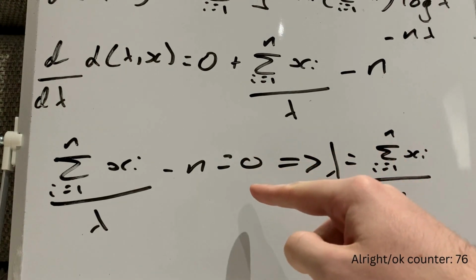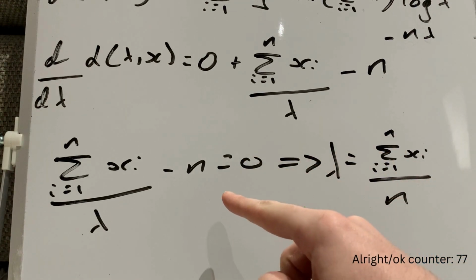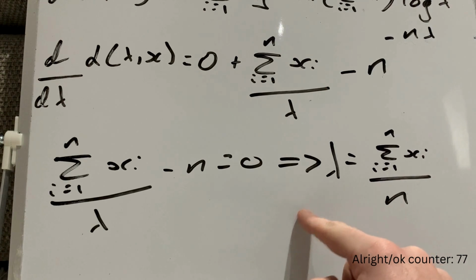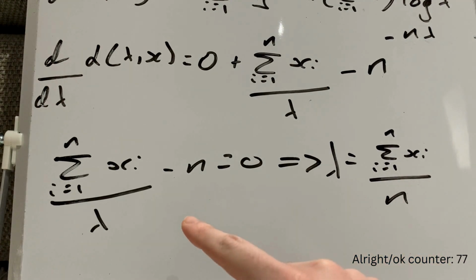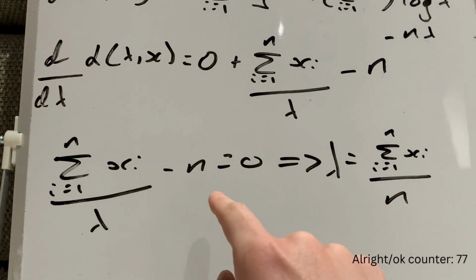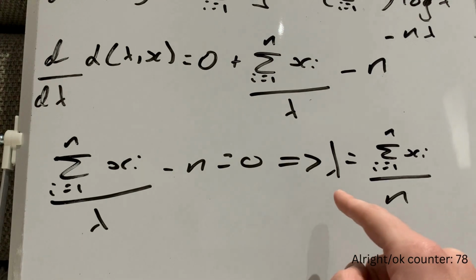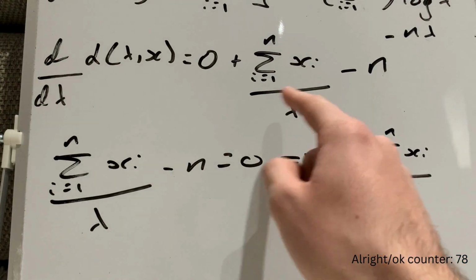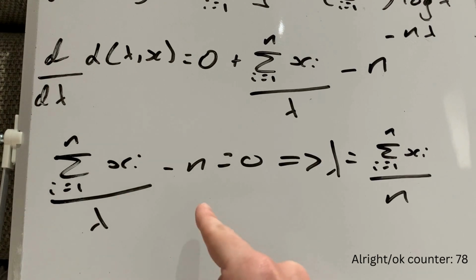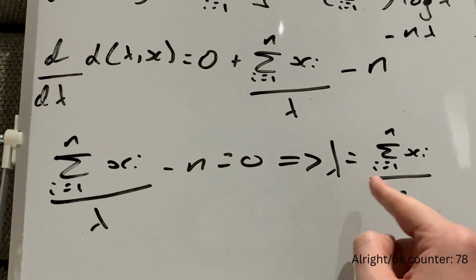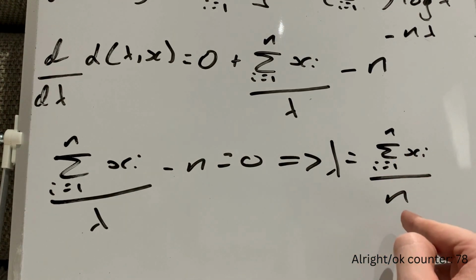So we've shown that this value will maximize the log likelihood function when it equals 0. That's just a fact of calculus: when you set the differential equal to 0, it's going to maximize the function. Here we've got this up here equals 0, and then you rearrange to get lambda equals the sum of the values over n.